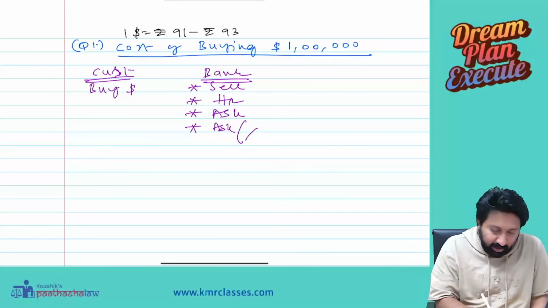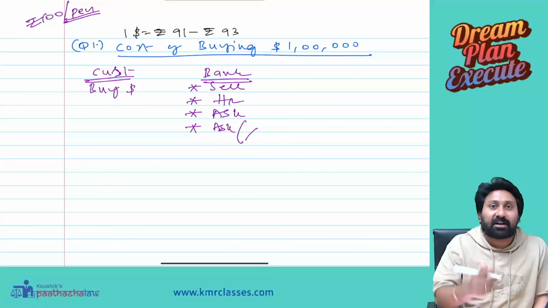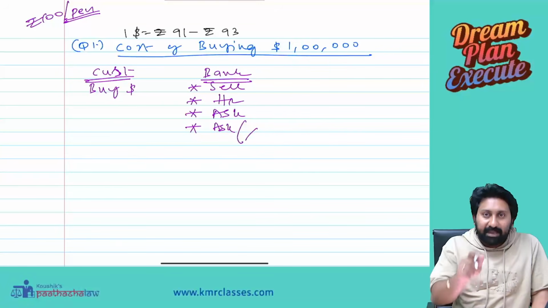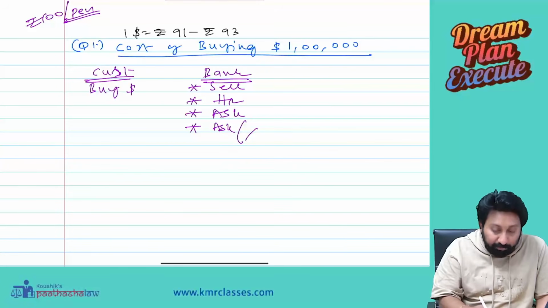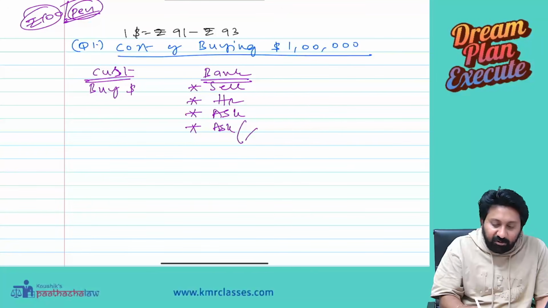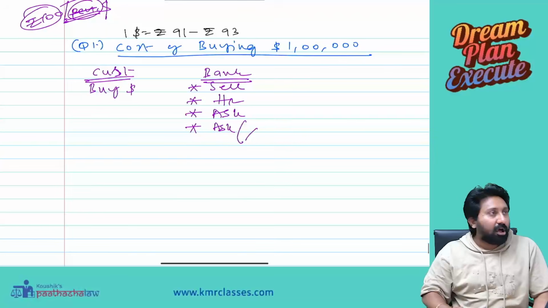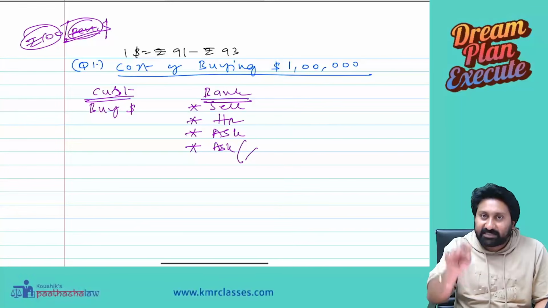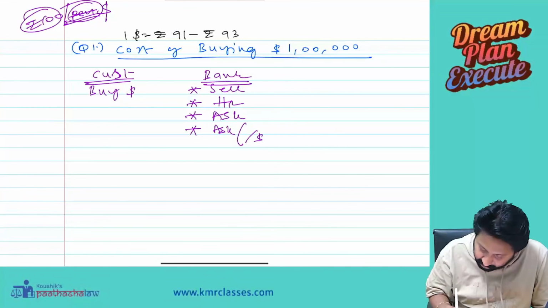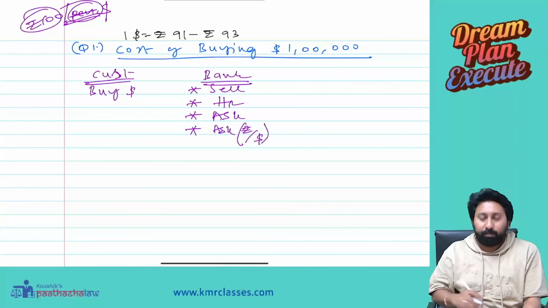See here, rupees 100 per pen. Per pen is a commodity here, a denominator. Rupees 100 you need to spend to buy a pen. Here rupees 93 you need to spend to buy a dollar. Dollar is a commodity here. So what you are buying and selling should come in the denominator: dollar. Ask of rupee by dollar.